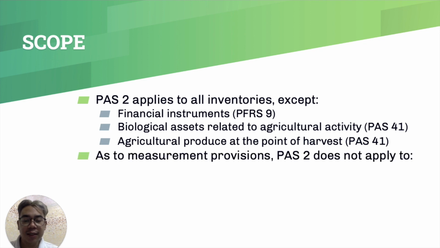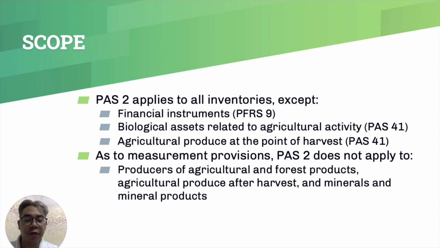And then next is for the following, yung PAS 2 nag-a-apply sa kanila except yung measurement provisions. We will know later that inventories are measured at lower of cost and net realizable value. So as to that provision in PAS 2, hindi po yun i-a-apply to the following. Number 1, yung mga producers of agricultural and forest products, agricultural produce after harvest, and minerals and mineral products.